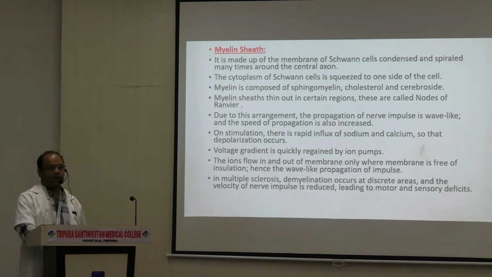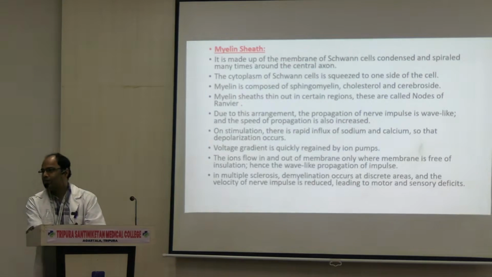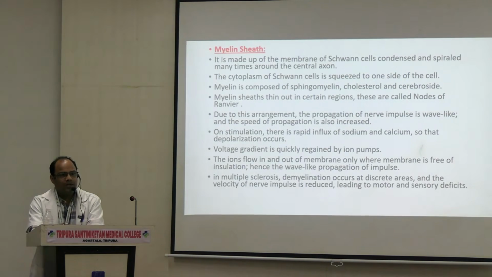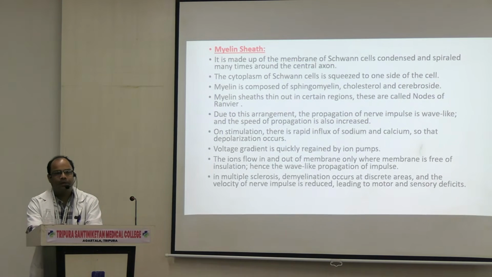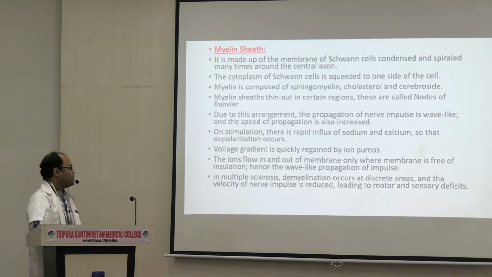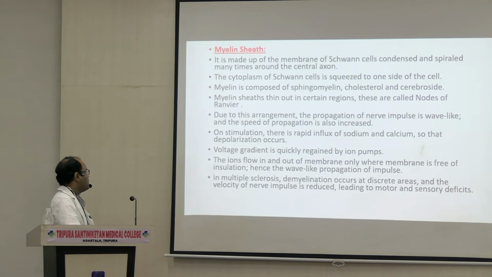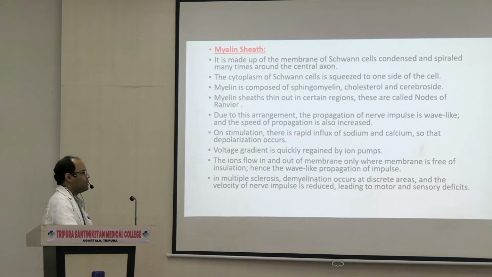In some diseases like multiple sclerosis, you have heard the term, there is progressive degeneration of the myelin sheath. In multiple sclerosis, demyelination occurs in discrete areas and the velocity of nerve impulse is reduced, leading to motor and sensory deficit.